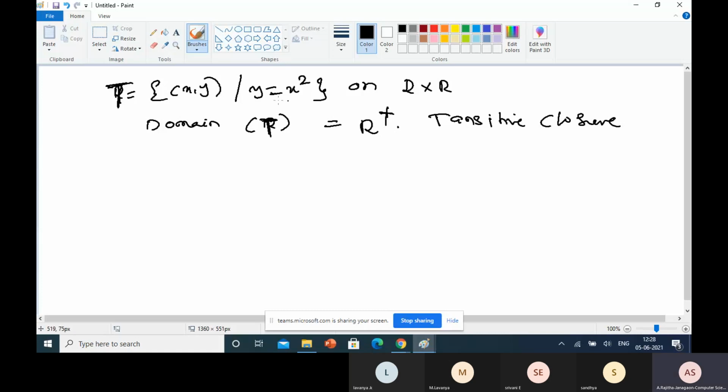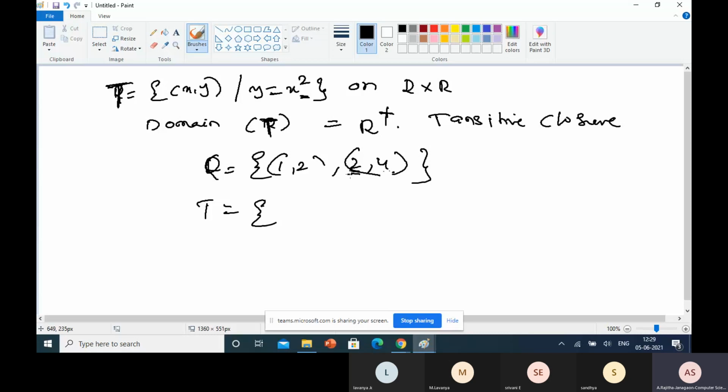Suppose x square, and here R equal to this. Now what is T? y equal to x square means only this one is positive.